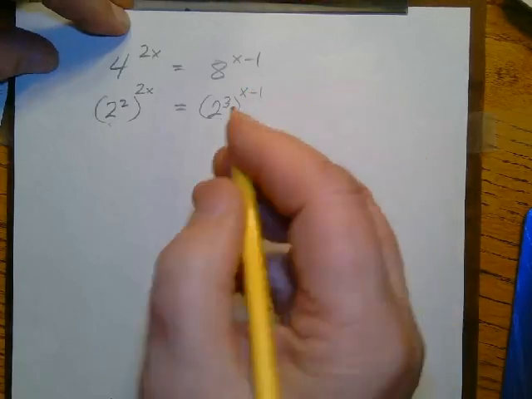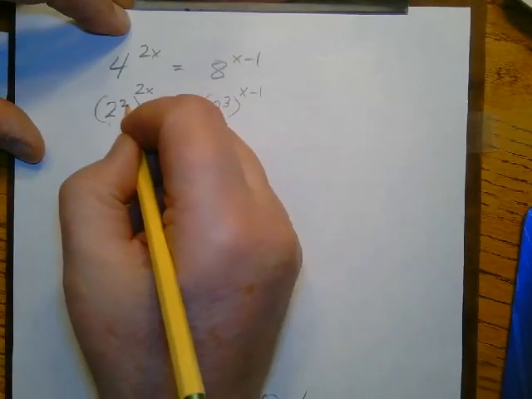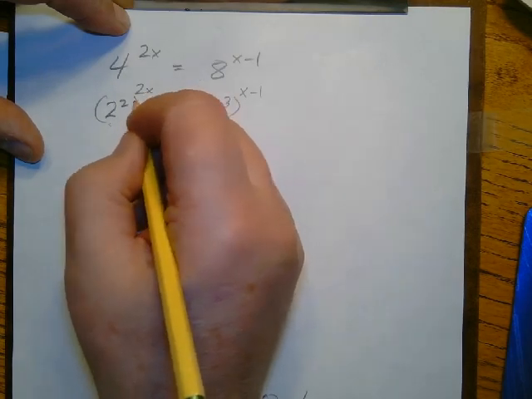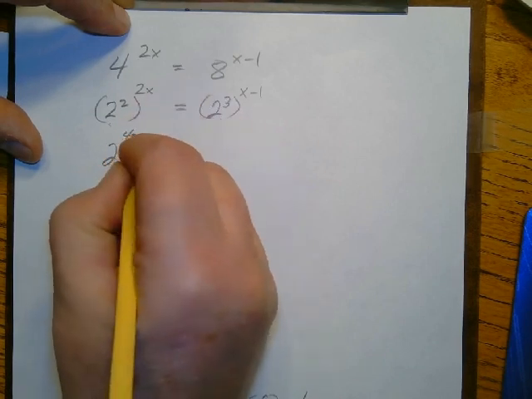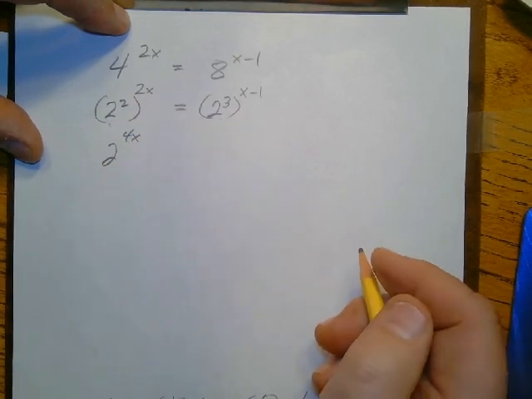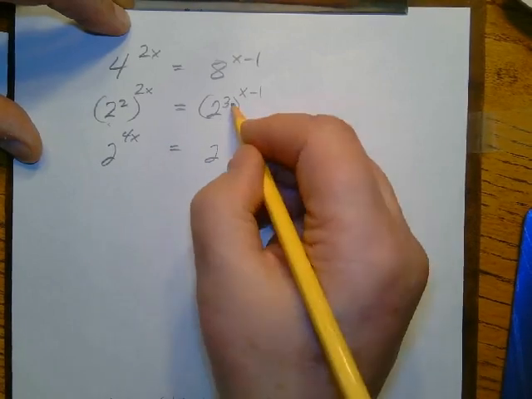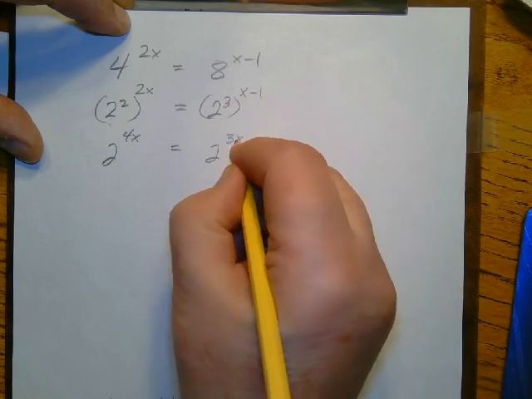Now, this isn't exactly good enough yet to solve them like we did the last one. What we have to do is look at this as powers of powers. Oh, I multiply the exponents here. 2 times 2x would be 2 to the 4x, and I can get rid of the parentheses. What's this? Oh, this is 2 to the, well, I multiply here. I'm going to have to distribute too, aren't I? 3x minus 3.